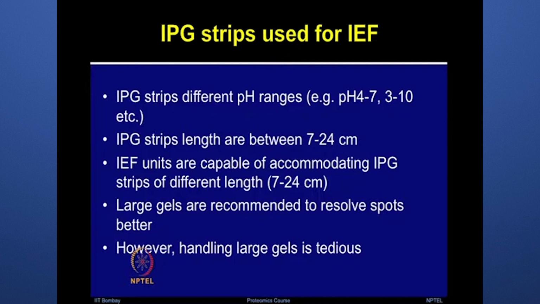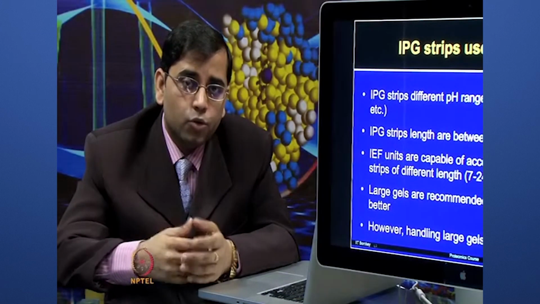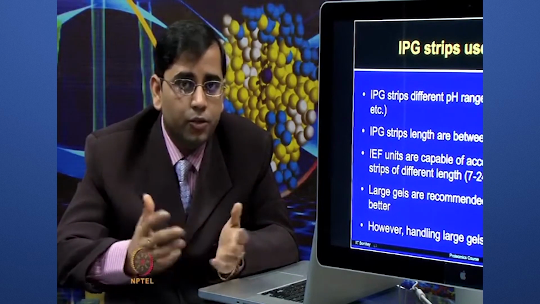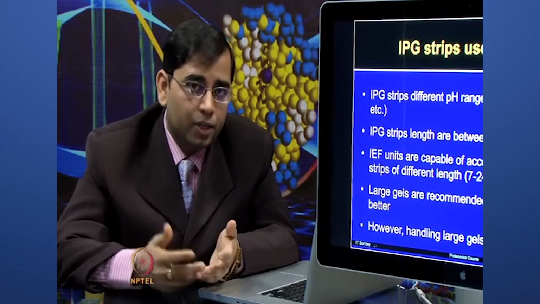Now, depending on how much protein you have in your sample mixture, it's always a good idea to resolve it on very large gels. For example, 18 or 24 centimeter should be a better choice.